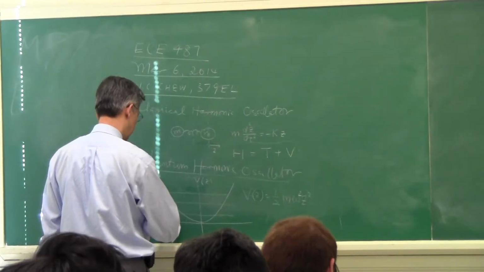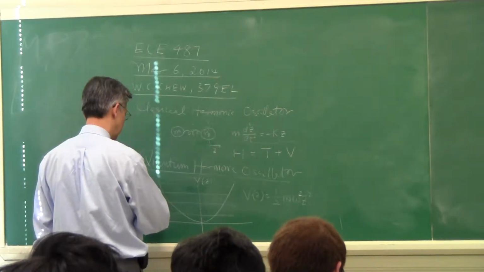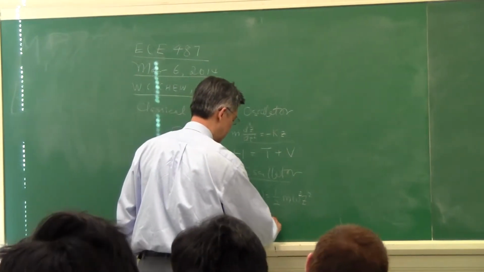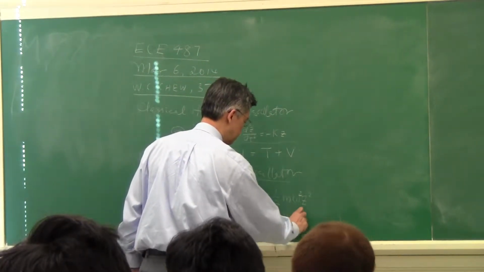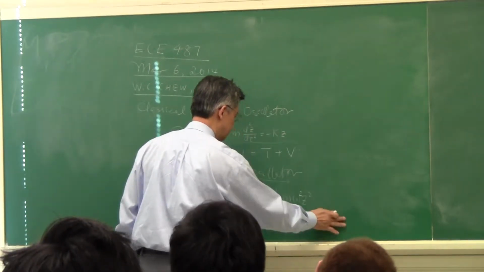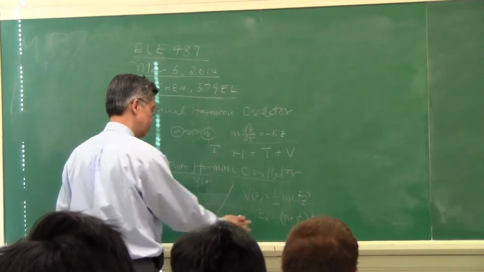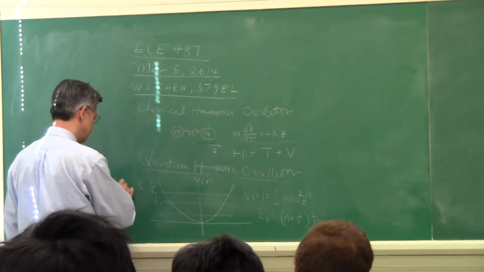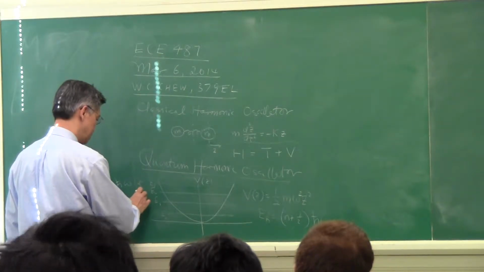And then you have E0, E1, E2, E3, and so on. You can solve this problem and show that the trapped modes will have this kind of energy level, and each energy level is equally spaced by h bar omega.